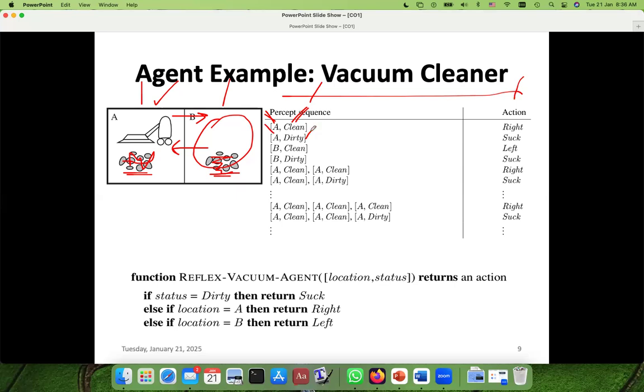Or leave this example and take this one. This was the previous percept before 1 hour, and this is the current percept. It is again perceiving that the location is A and the status is clean. So these are two percepts in a row, and two percepts mean a percept sequence.